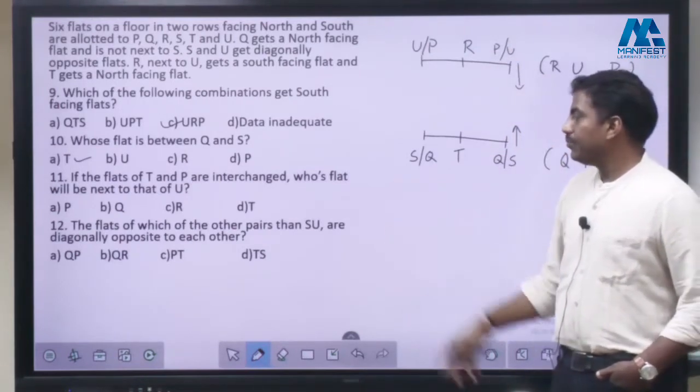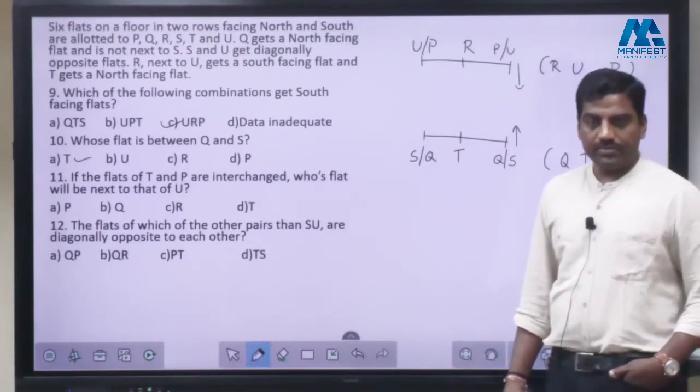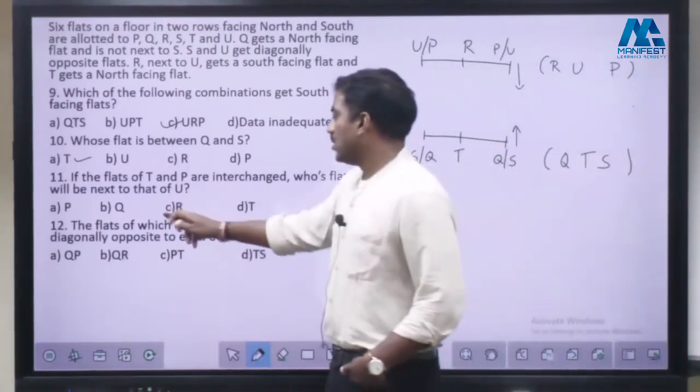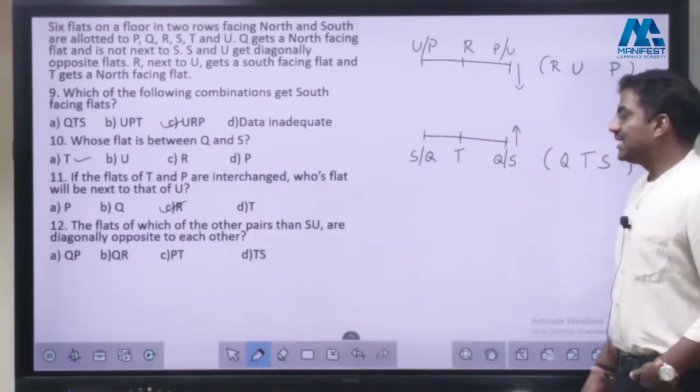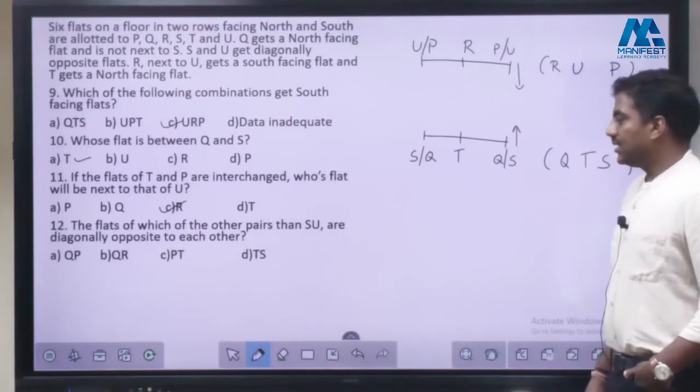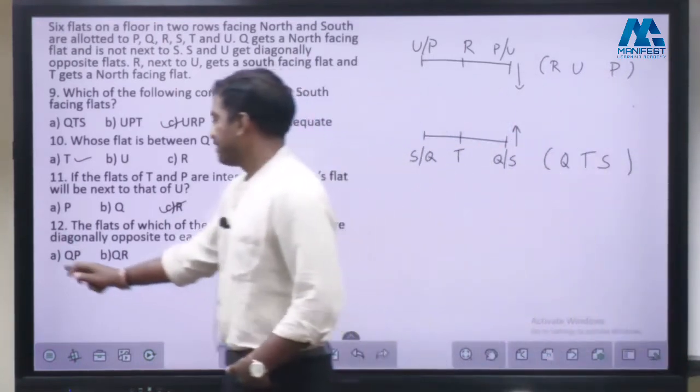So who will be next to U? R. That is fixed. Then the flats of which of the other pairs than SU are diagonally opposite to each other? Q and P.